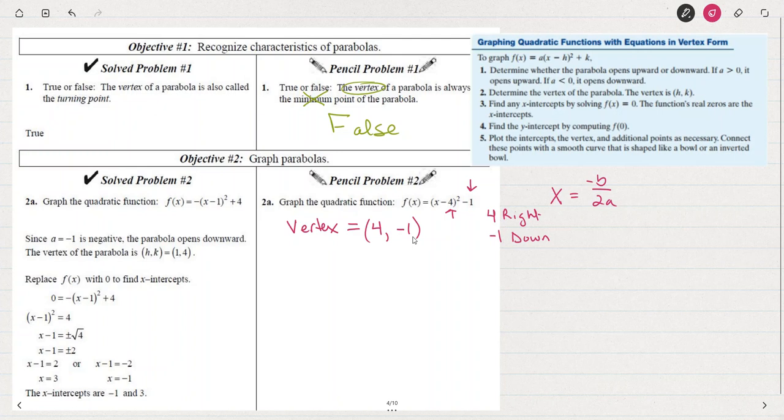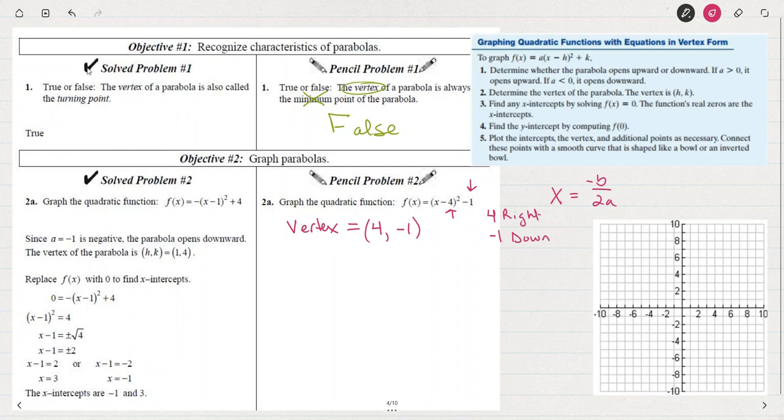And then once we have that vertex, we could replace x with 0 to find another point. But let's start by graphing that vertex (4, -1), x equals 4, y equals -1.